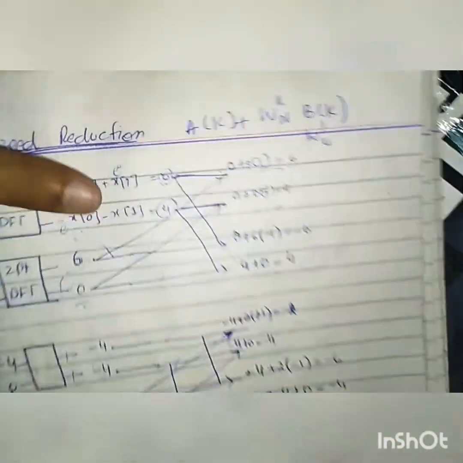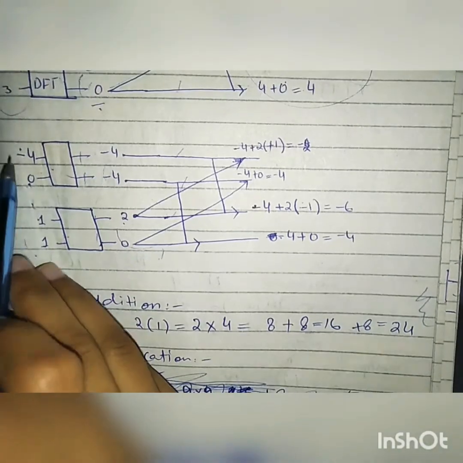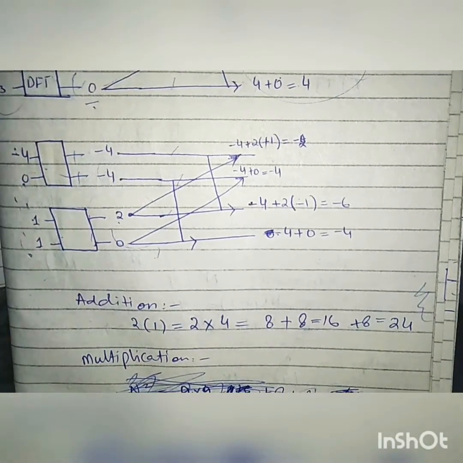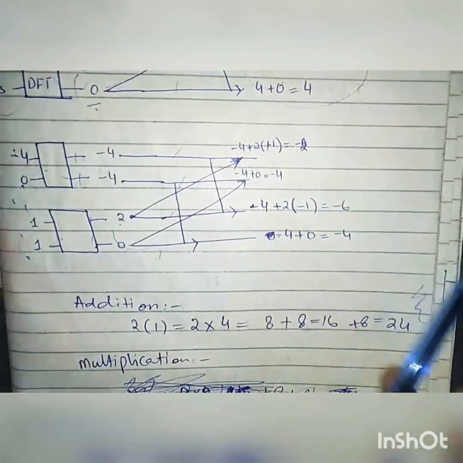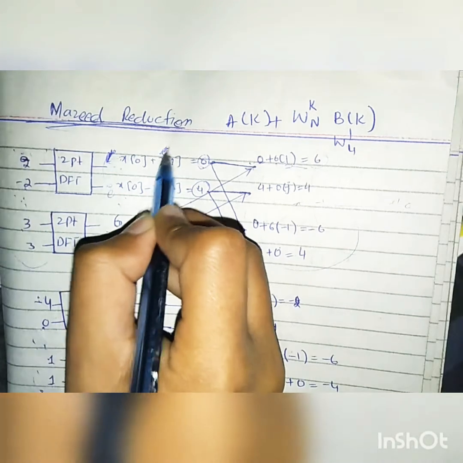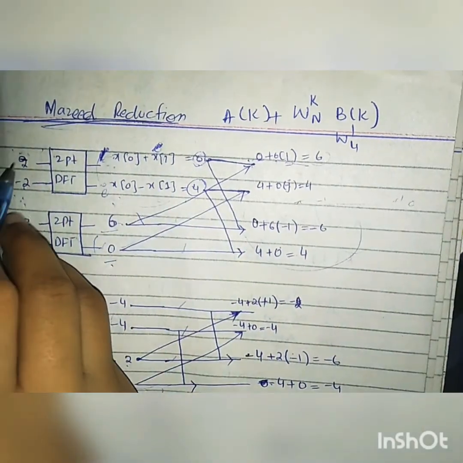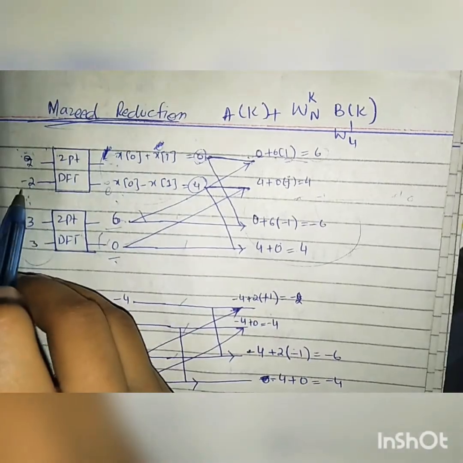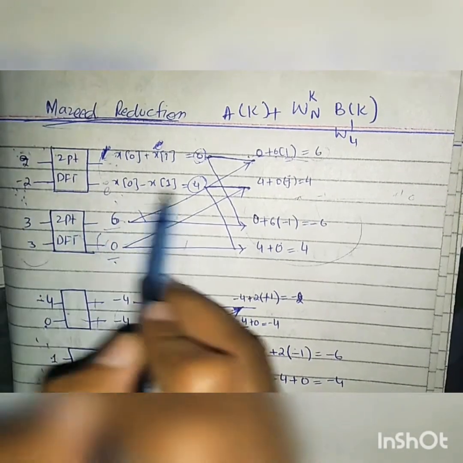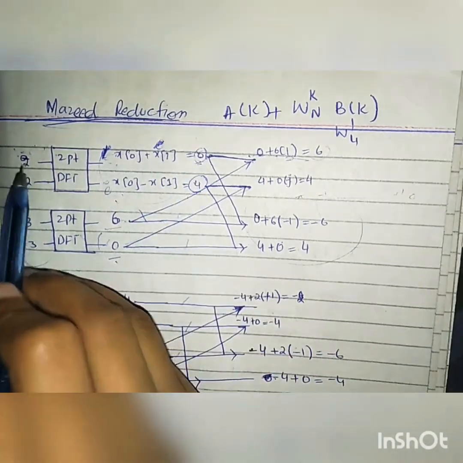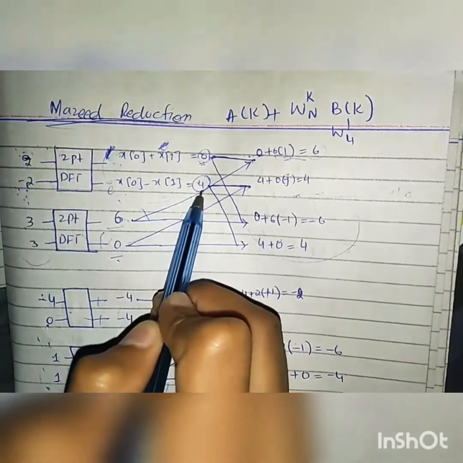After this you can see we have used these two things, and one other thing: we have simplified this so much that now we don't need to use those exponential terms. We will just add these two and we'll get this. We will just subtract these two and we'll get this. So here you can see that 2 minus 2 is 0 and 2 minus 2 is 4.